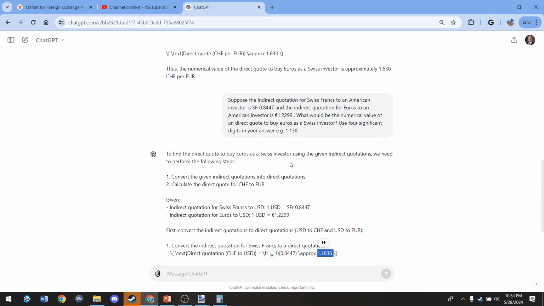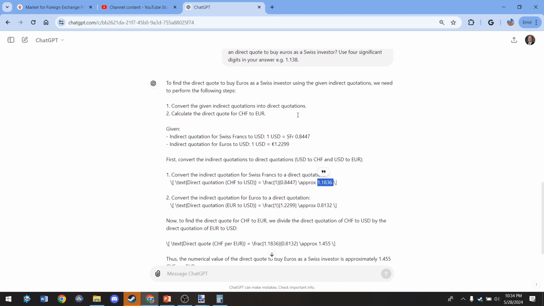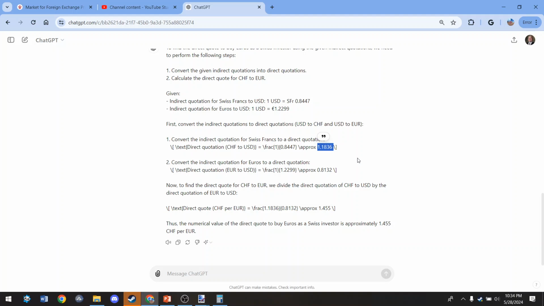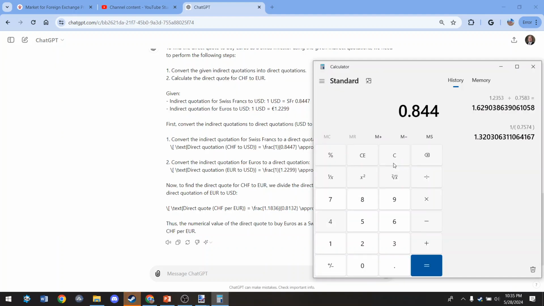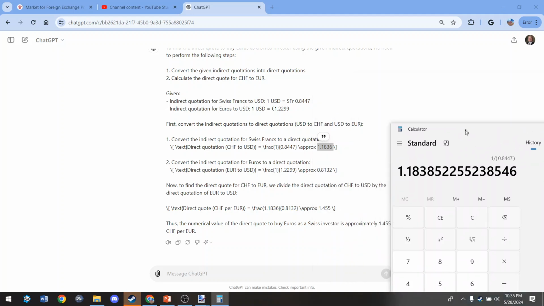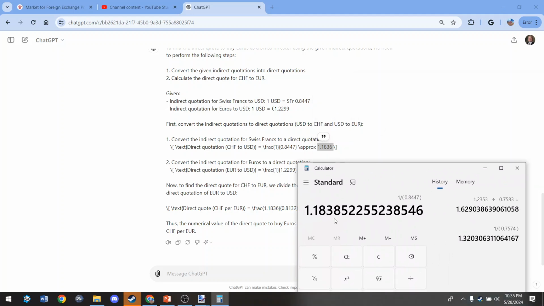Also, as it says, we've got an indirect quote of 1.23 euros per dollar. So if we want dollars per euro instead of euros per dollar, we have to do this upside down. And we should probably do this math just to make sure. 0.8447, flip it upside down: 1.184, 1.183. So it's not quite it, right?